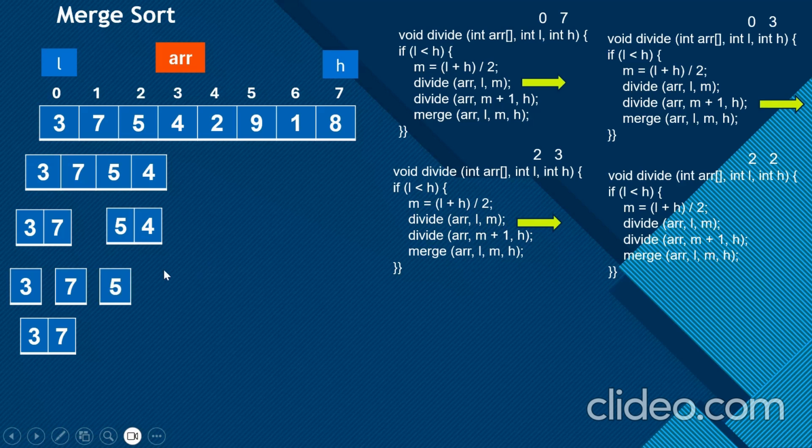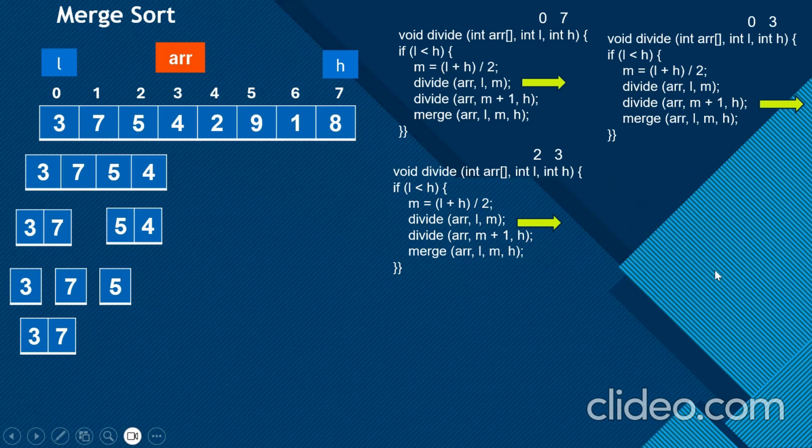What does that mean? That means the solitary element with the lowest index of 2 and highest index of 2, or simply put, the element with the index 2, which is 5. But control would not go to the if block at this point of time because L is not less than H, so its job is done.